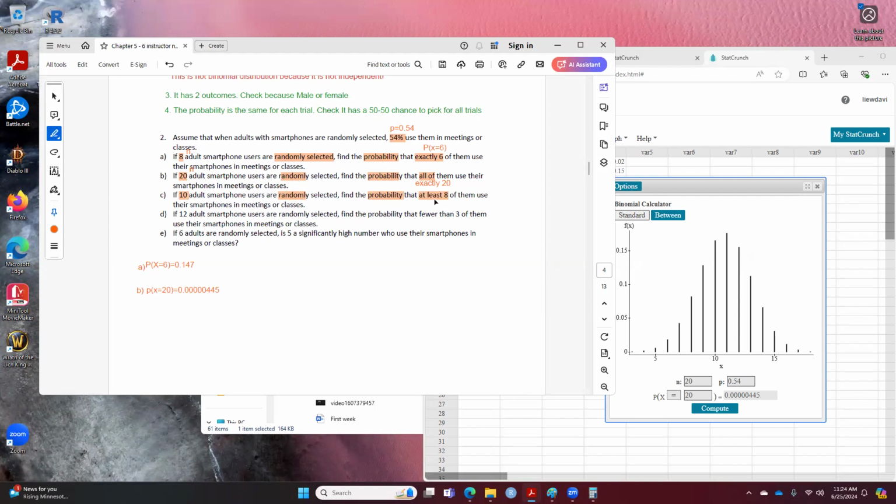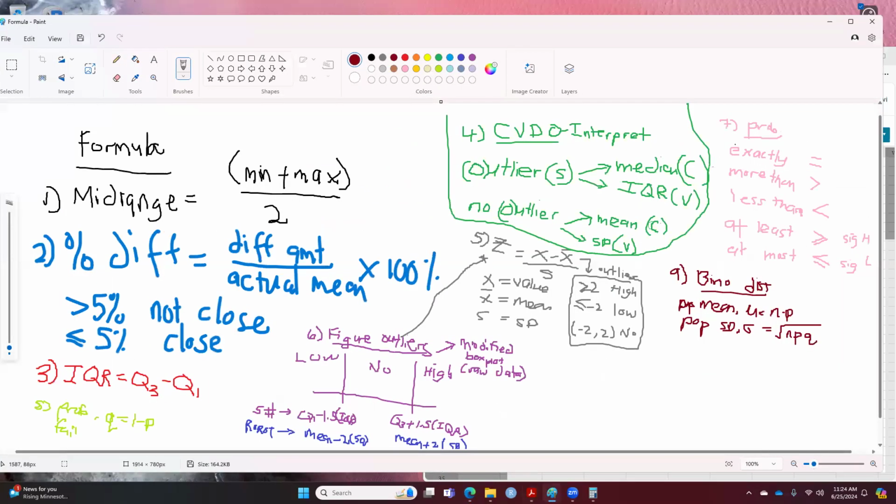At least 8. So this is your probability here. So at least, anyone know what symbol we should use for at least? Is that equal, greater than, less than, greater than or equal to, or less than or equal to? Which symbol should we use for at least? Greater than or equal to 8. Yeah, you have to use this symbol, greater than or equal to.